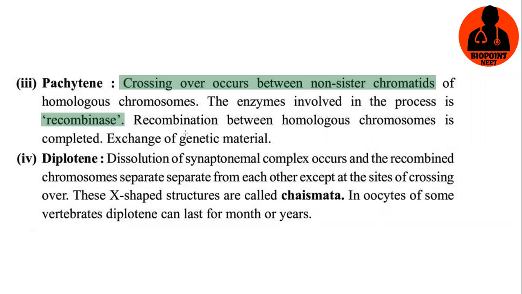Dissolution of the synaptonemal complex occurs and the recombined chromosomes separate from each other at the site of crossing over. These X-shaped structures are called chiasmata. In oocytes of some vertebrates, diplotene can last for months or years.